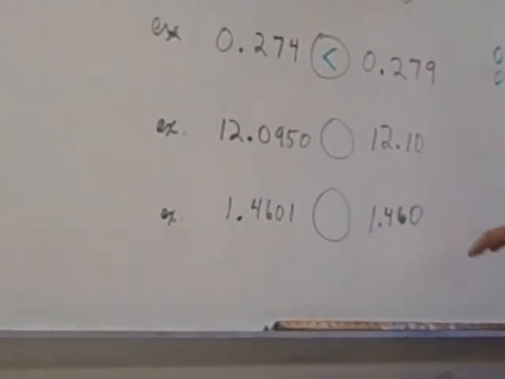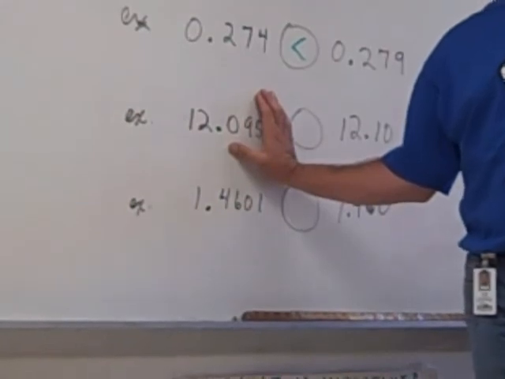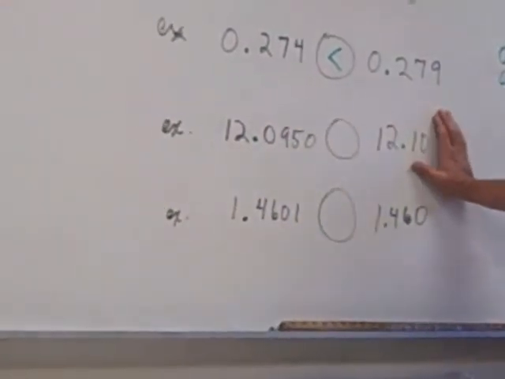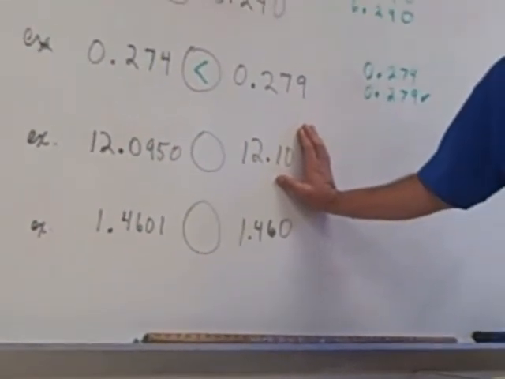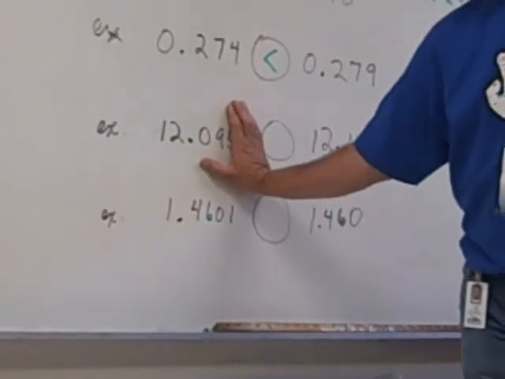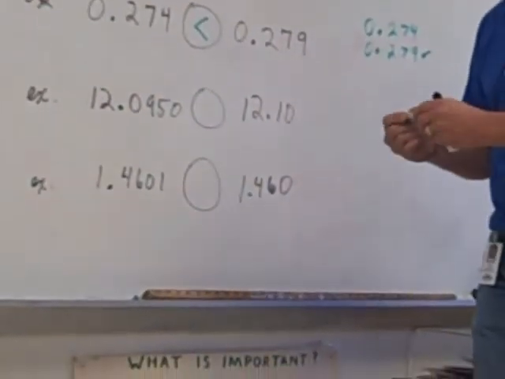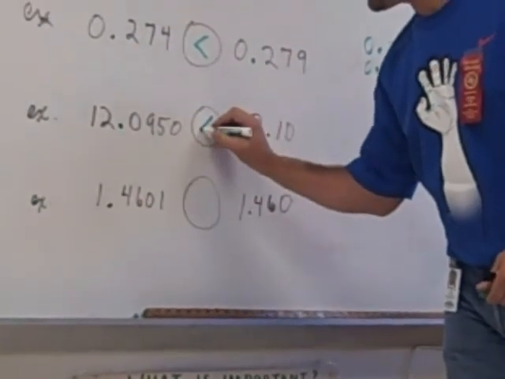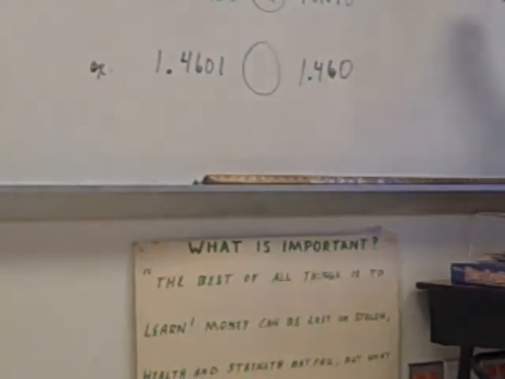If I think money, what do I have? $12.09. $12.10. I'm thinking the $12.10 is 1 penny more, isn't it? Greater.